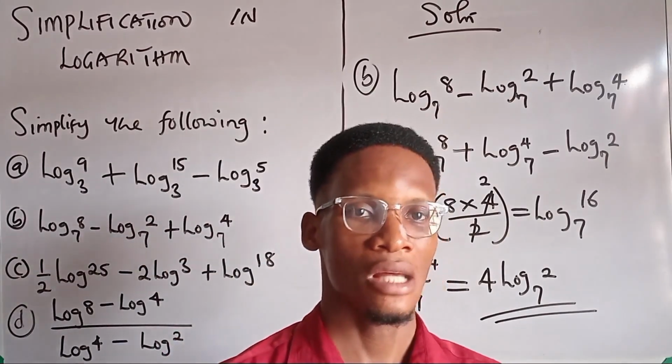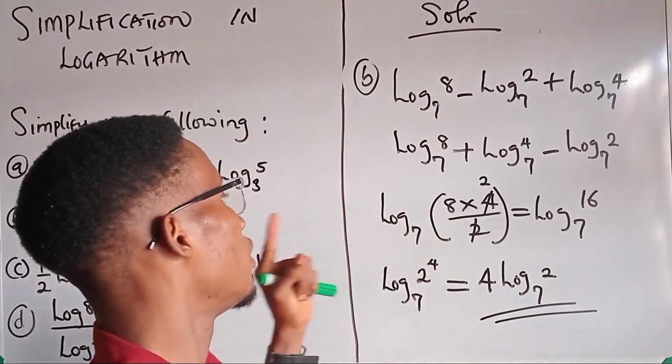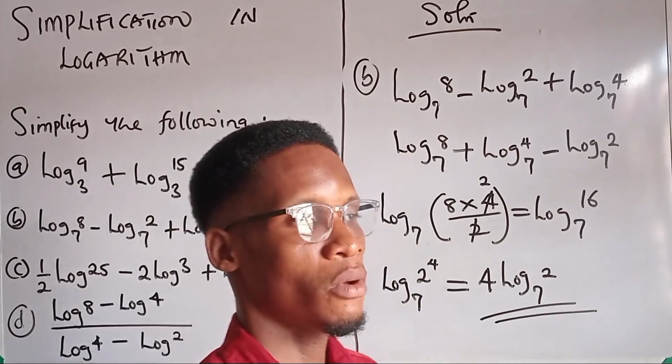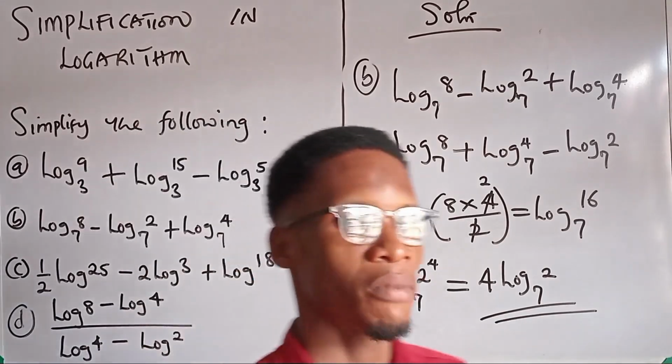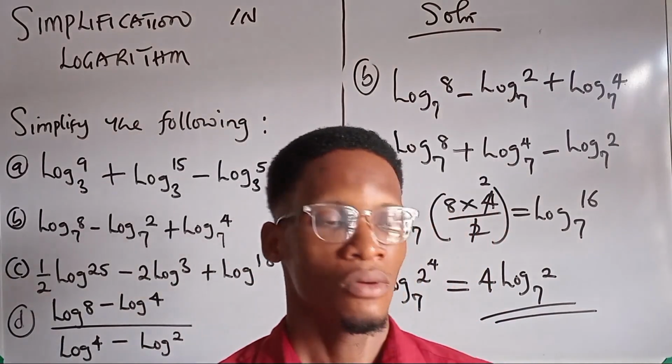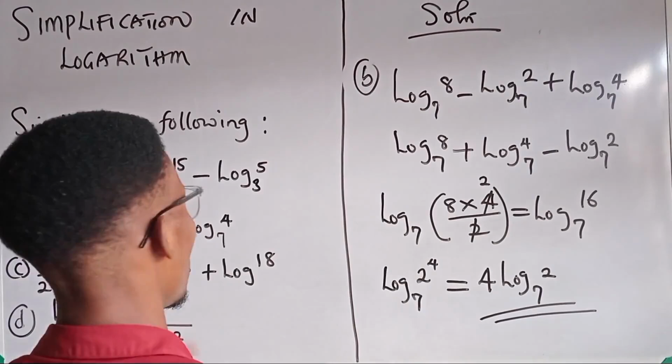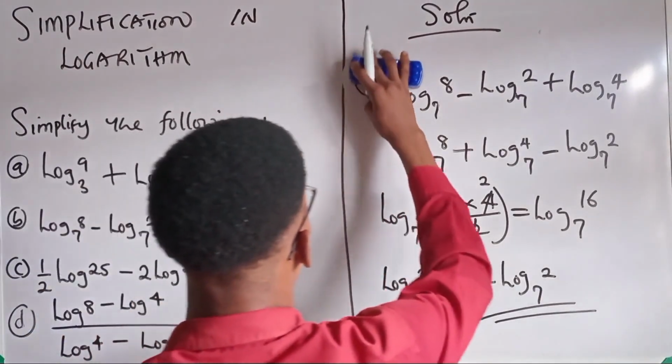All right. So that's how you apply the laws of logarithm to solve a simple problem of this type. We can also use it to solve complex problems. So let's go to the next one, which is the third one.